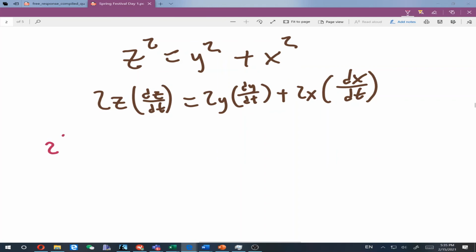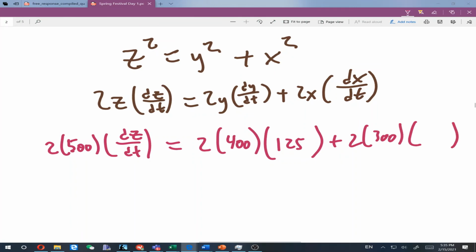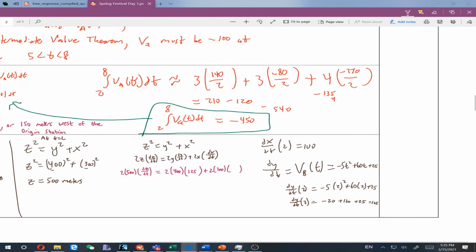So 2 by 500 by the dz over dt, we don't know yet. 2 by 400 at 125 meters per minute. 2 by 300 at 100.